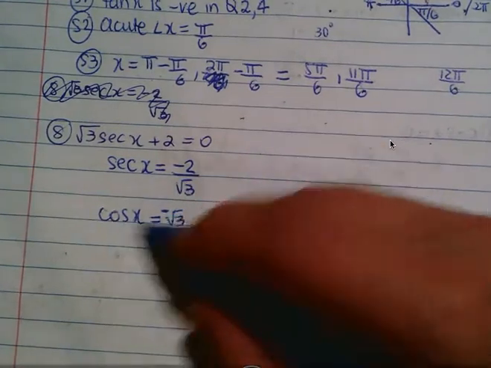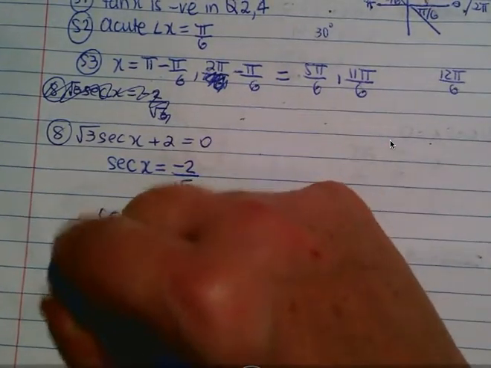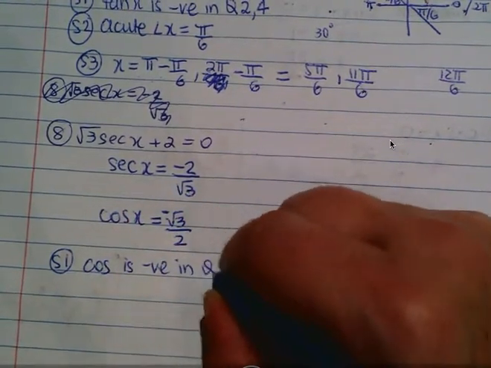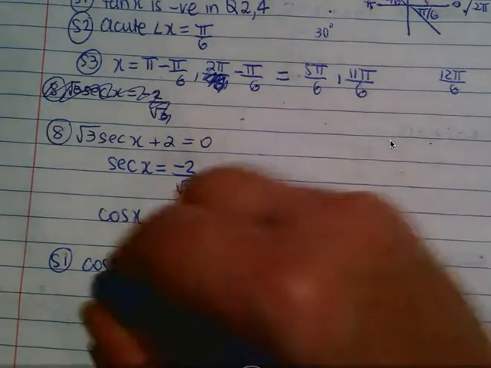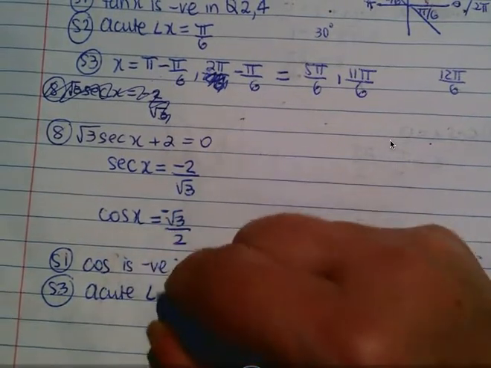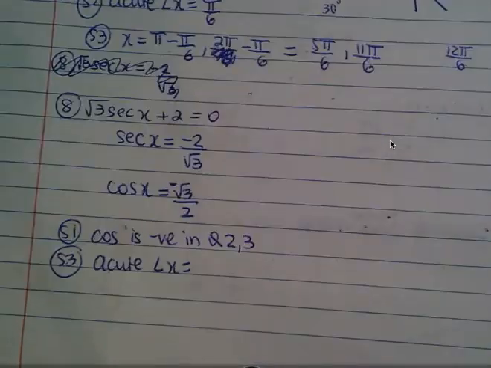So we're just solving this. Cos of x equals negative root 3 on 2. So just the same steps again. Cos is negative in which quadrants? 2 and 3. Okay, our acute angle x. So cos of what is root 3 on 2?